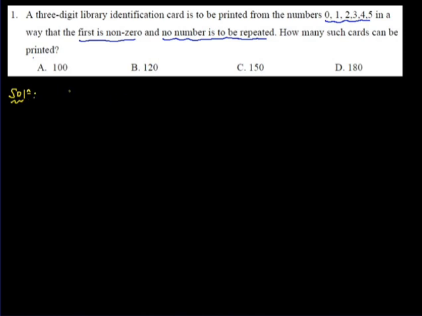We are going to use a 3-digit number. In the first place, we will not use 0, so we will have 5 possibilities. It's possible to use 0 in the second and the third position.